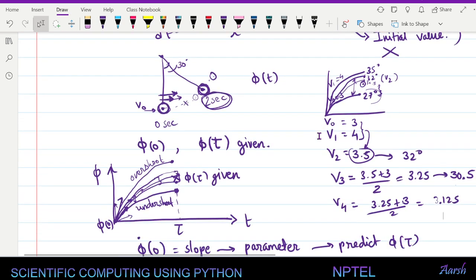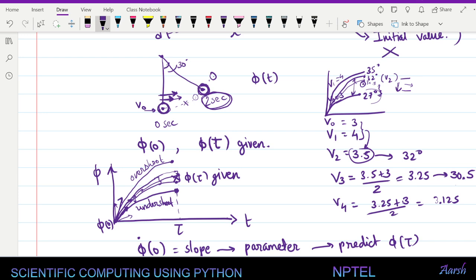Okay, so what I'm trying to say is that you change your initial velocity and see what is happening. If you are overshooting, then reduce it. How do you reduce? Well, it depends on what method you are using. For bisection, you see where the undershot point is, and take the average of your least overshot and least undershot point, and again shoot it.